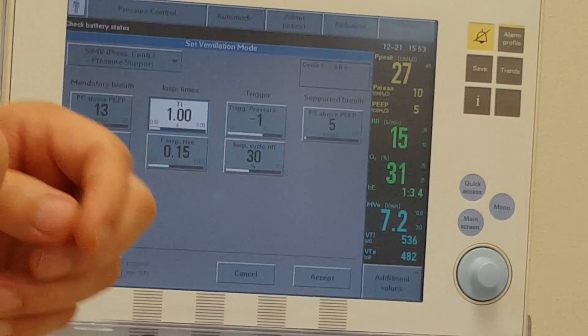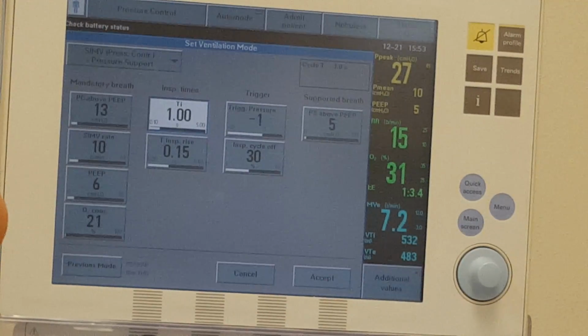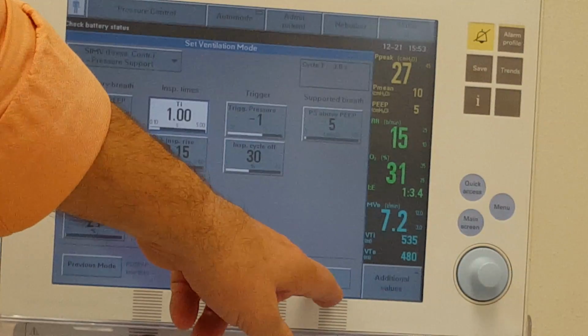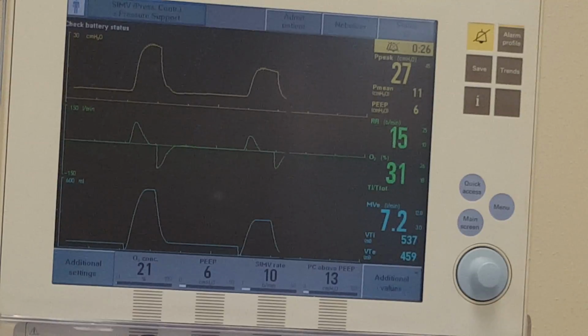And we're going to start with everything else set exactly as is. Okay? So let's hit accept. And we are now in pressure SIMV with pressure support.